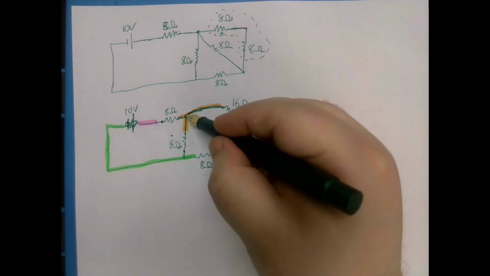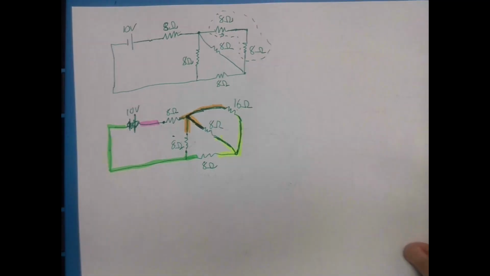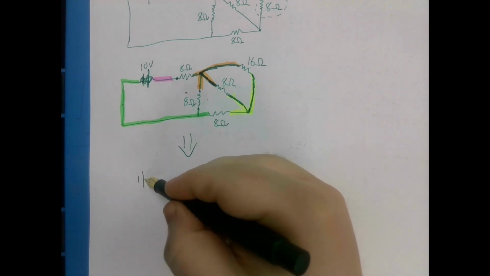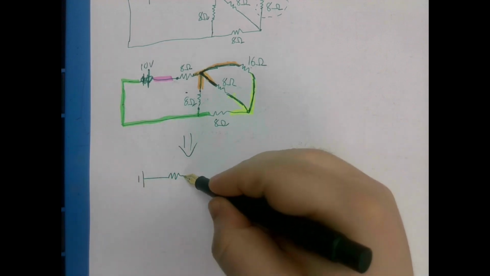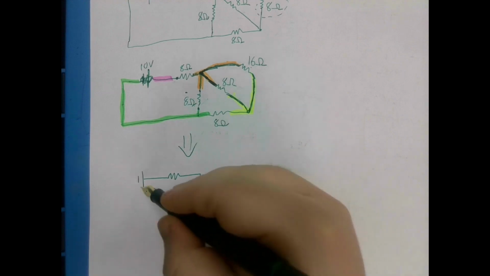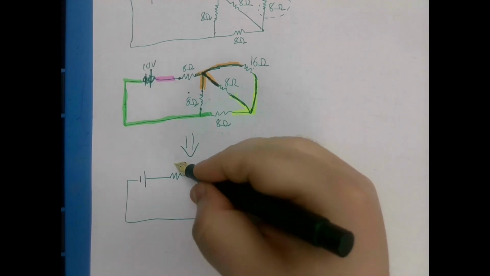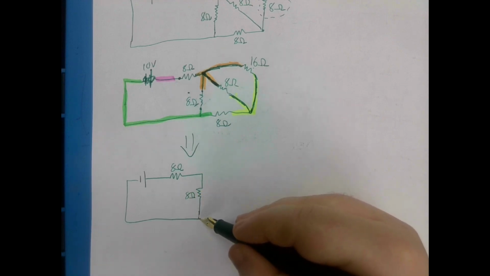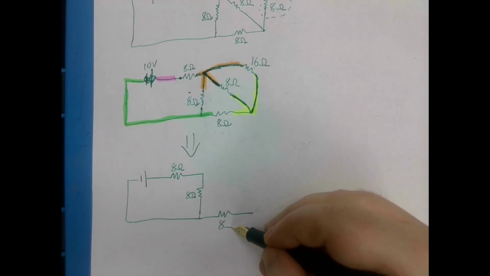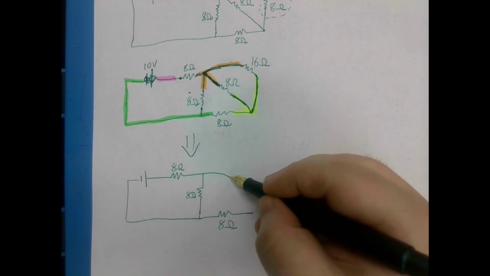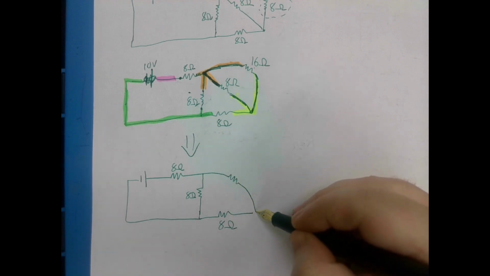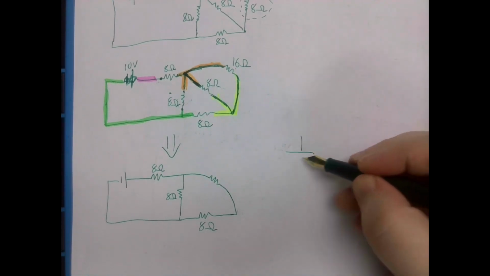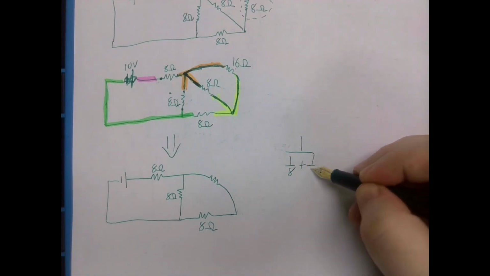So at this point right here and this point right here, we can replace this with a single resistor. To solve for it, we have 1 over 1 over 8 plus 1 over 16.